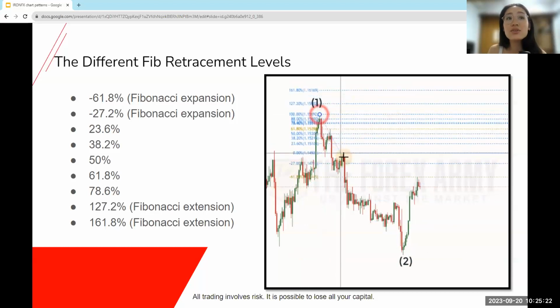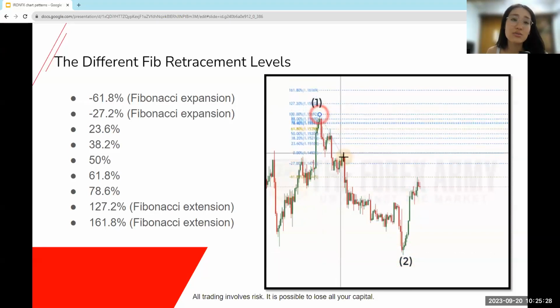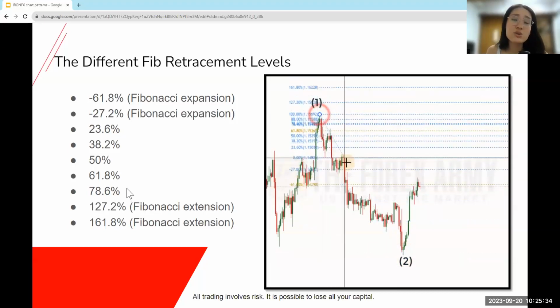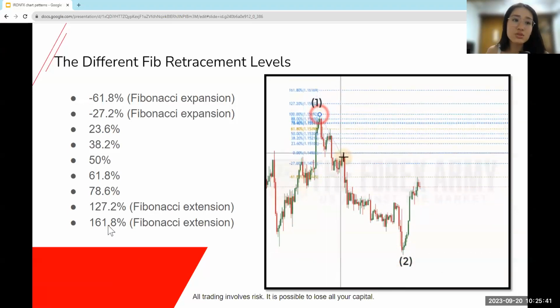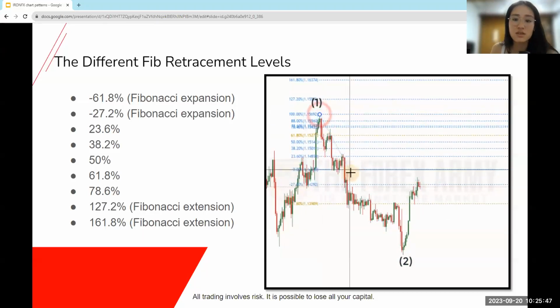So for the negative Fibonacci levels, minus 27.2 and minus 61.8, those are our Fibonacci expansion levels. And then the levels between 0 and 100, those are considered Fibonacci retracement. And then for the 127.2 and 161.8, or above 100%, those are what we call our Fibonacci extensions.